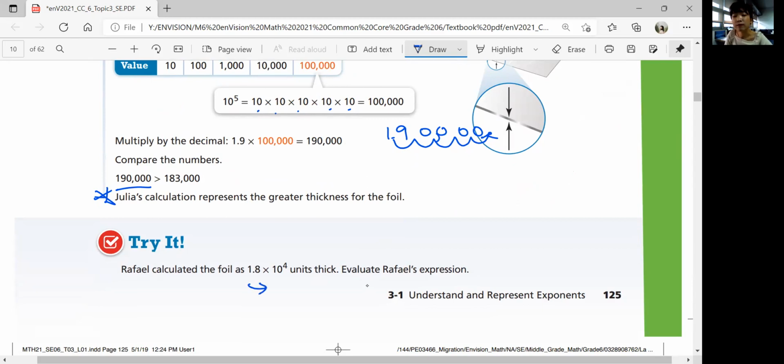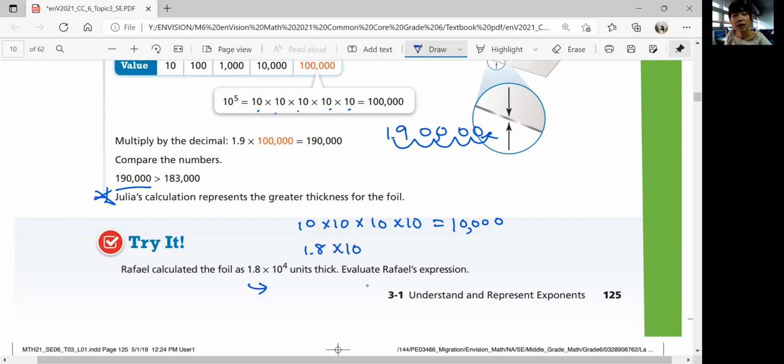What is the actual value of this? Right? 10 to the 4th power is multiplying 10 4 times. Okay? 10 times 10 is 100. 100 times 10 is 1,000. 1,000 times 10 is 10,000. You just add 0. So how many zeros do we have? 1, 2, 3, 4. Okay?